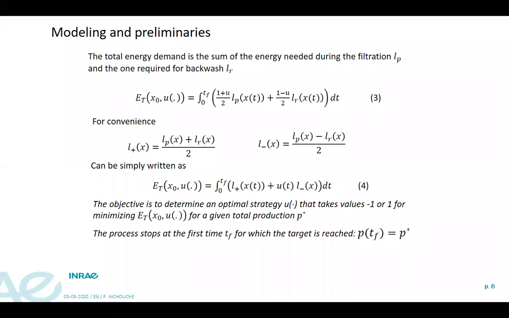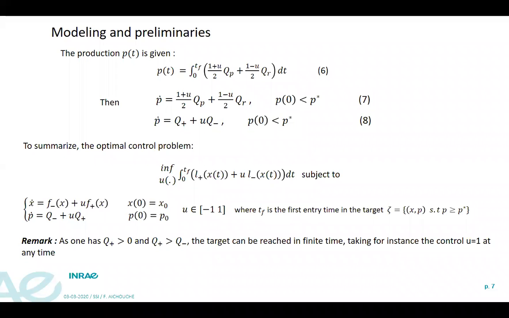So for a given initial condition x0, the objective is to determine an optimal strategy for minimizing Et for a given total production P star, such that the process stops at the first time Tf for which the trajectory reaches P of Tf equal to P star, where the production P of t is given by equation 6, the production dynamic is then as equation 7, and in the same way for convenience becomes as 8.